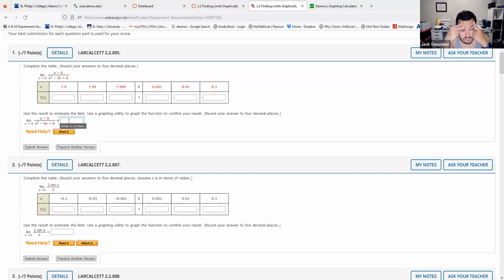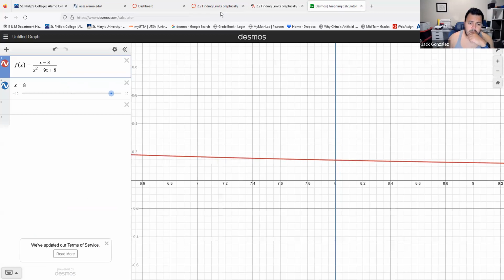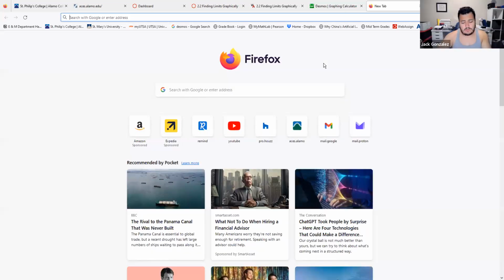It is the functional value, in other words, the y value of the function as it approaches a specific x value. Does that make sense? Graphically, what a limit is? Yes. Now, if you read the book, it might be a little complicated.